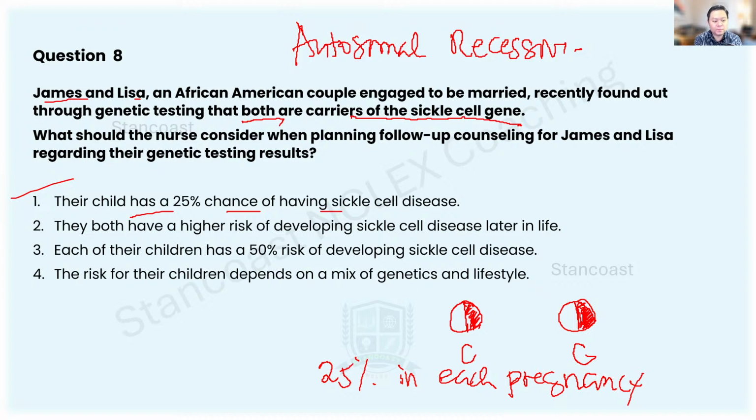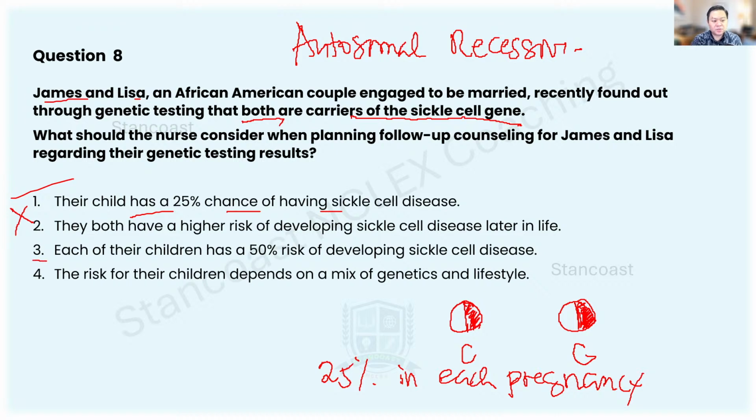Okay, what about number 2? They both have a higher risk of developing sickle cell disease later in life. No, that is incorrect, because as we know, carriers, those people that have only one sickle cell gene, will not develop any sickle cell disease. All right, so this is wrong. What about number 3?